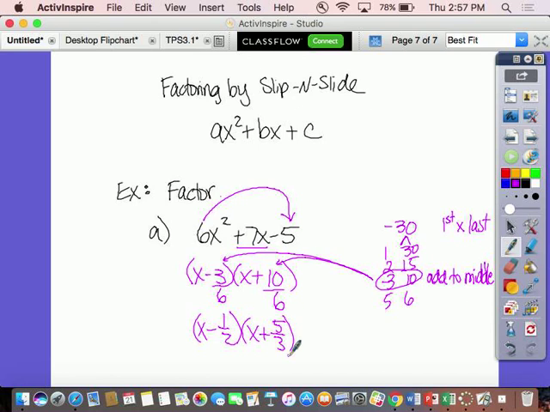But y'all, we never see factors that look like this. So we take this bottom number and put it in front. The 2 comes to the front and we have 2x minus 1. The 3 comes to the front and we have 3x plus 5. And that's our solution, just like when we did it by grouping.